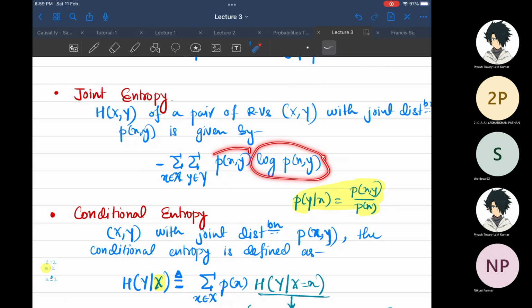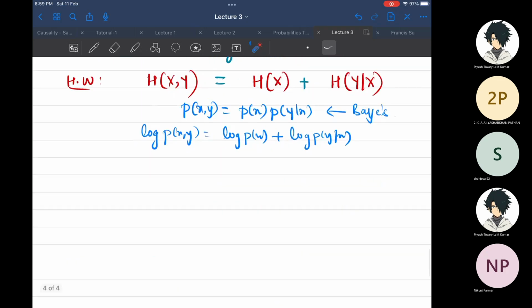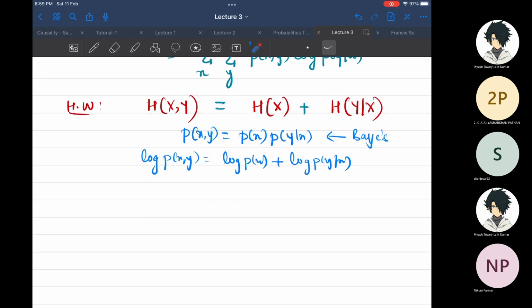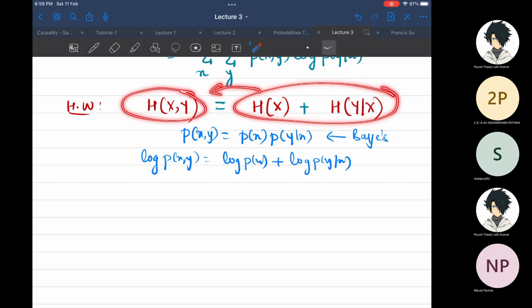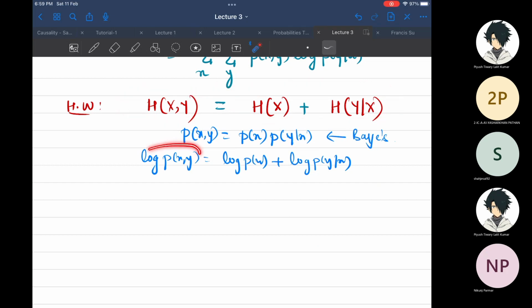It also has a probability term in it, but the log term somehow dictates how these entropies behave. So this is just an intuition. There is nothing formal here. You need to formally prove how this term is actually equal to this term. But nonetheless, I wanted to give you some intuition that it is not that complicated. It just behaves similar to log of the probabilities. That's all.